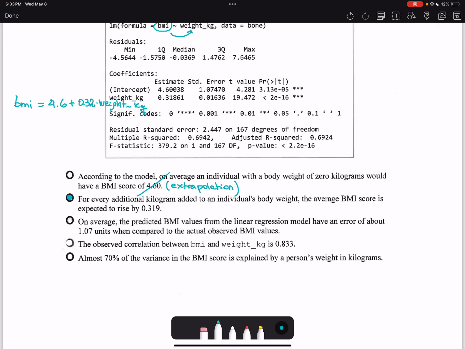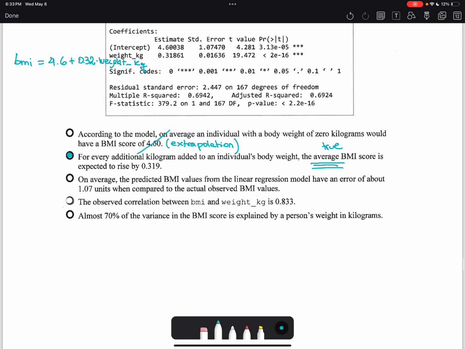Now, is it the average body mass score or is it the true body mass score? I think it doesn't make a difference in this case, but I'm not sure. There's always confusion between the true value and the average value in these scenarios.